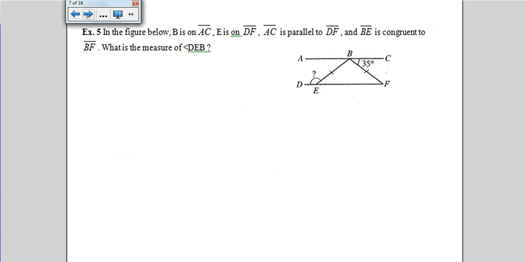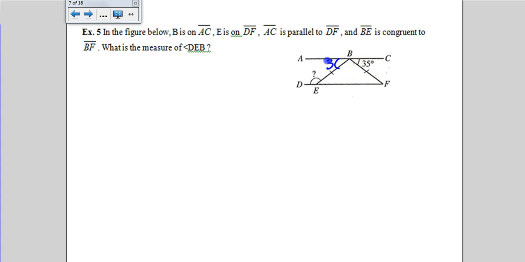The figure below: AC is parallel to DF, and BE is congruent to BF. So we've got a little isosceles triangle there. What's the measure of DEB, where the question mark is? Well, since these are congruent pieces, this angle up here has to also match this angle up here.